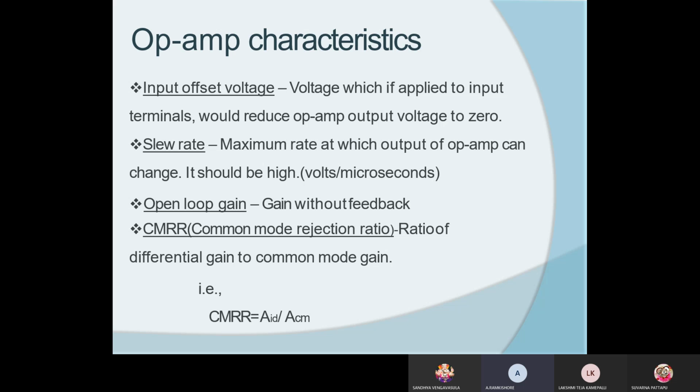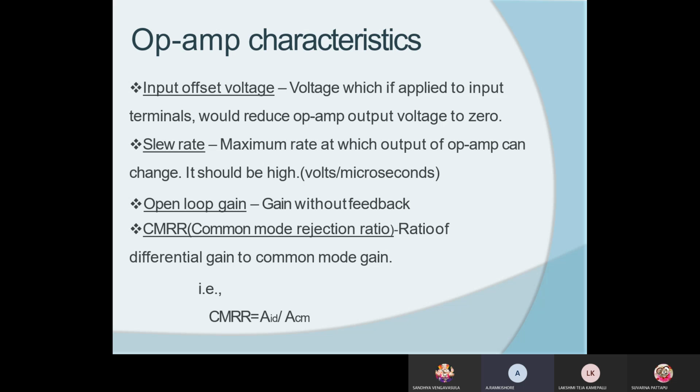Whenever we change the temperature of the op amp or the circuit, the offset voltage and offset current also change with the variation in temperature. That we call thermal drift. Offset voltage drift is given by change in input voltage by change in temperature, and offset current drift is given by change in input current by delta T.